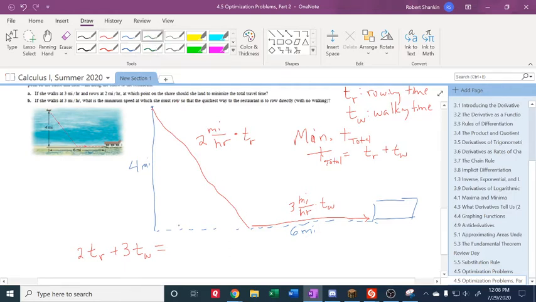So you said this distance right here is x, and then this distance from here to here is 6 minus x. So if like x was 2 miles over, then this one would be 4, and they'd add up to 6 or something like this. Right.